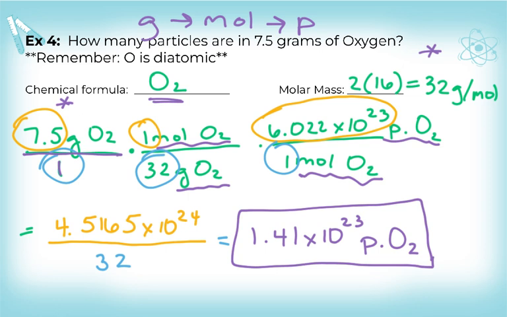My blue number on the bottom is all of my bottom numbers, the denominator numbers, multiplied together. And then I'm going to divide the top by the bottom. And I got 1.41. I rounded that. My calculator had more digits, so I just rounded to 2 digits for that leading number in our scientific notation, times 10 to the 23rd, and then we need a unit, particles of oxygen.